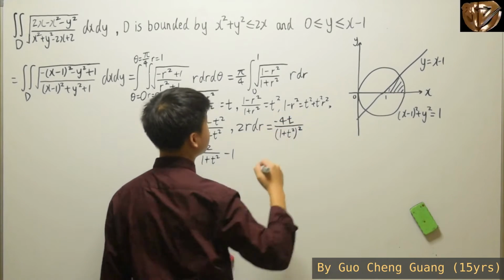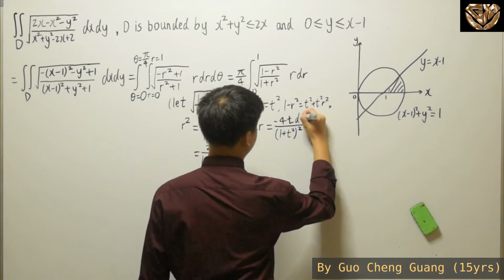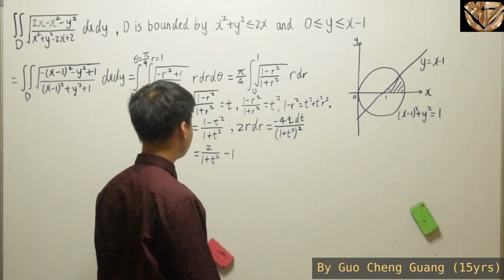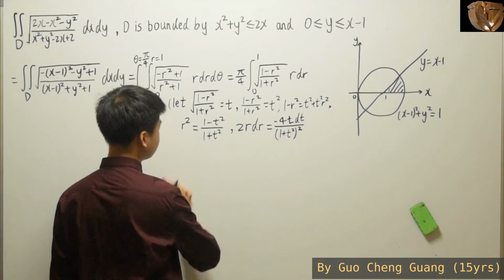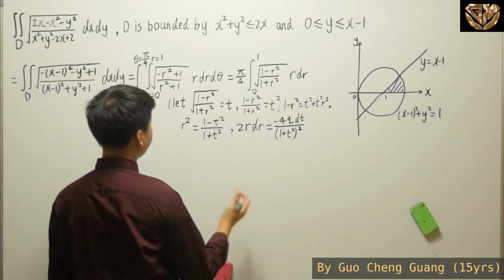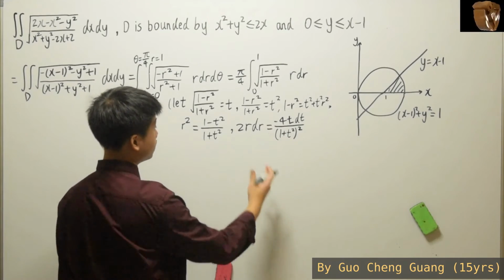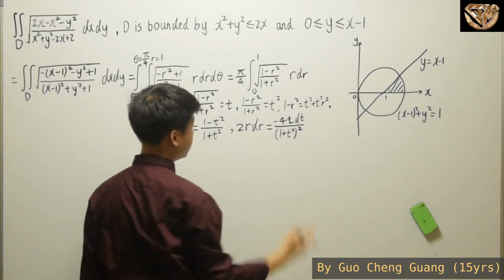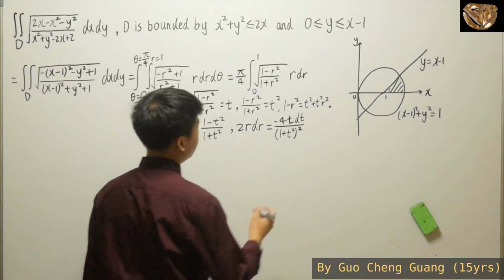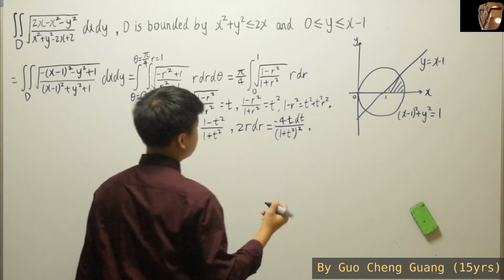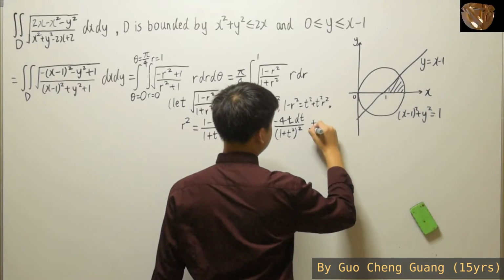Power of negative 1, there will be another negative, then at last your dt. Alright, have you found anything special about this yet? Not yet? Well, then you will actually realize that there is an r dr over here, which is pretty convenient, I would say.